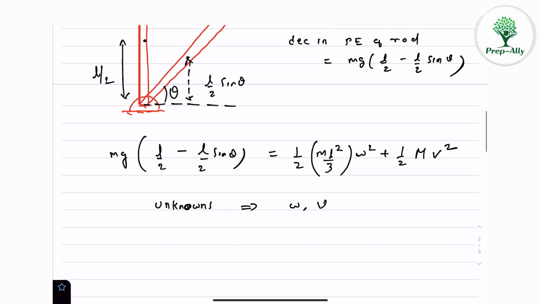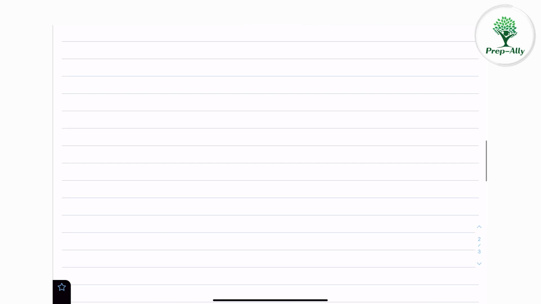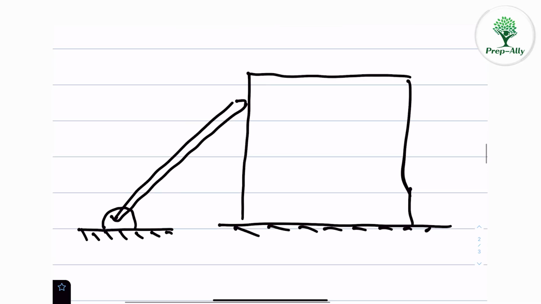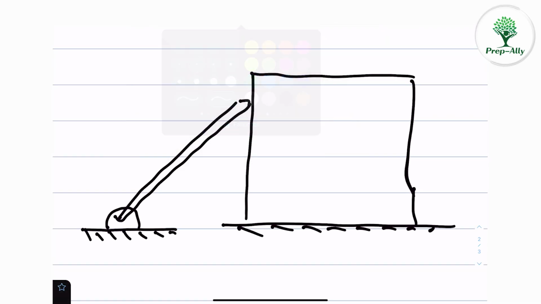omega and v. However, omega and v are related to each other, because the two are gaining energy from each other or transferring energy between each other, they are in contact with each other and applying normal force on each other. So let's say this is the corner point A of the rod which is in contact with the block.